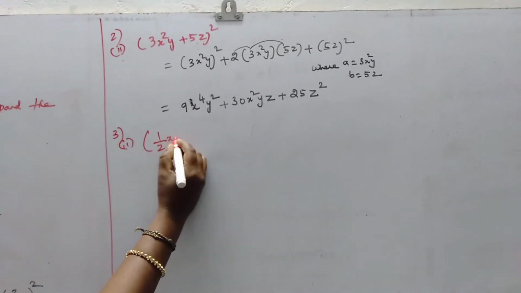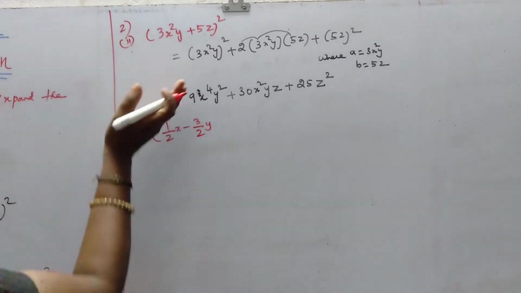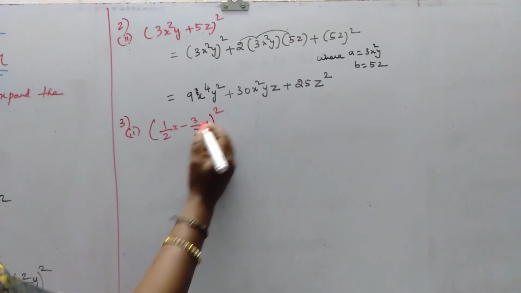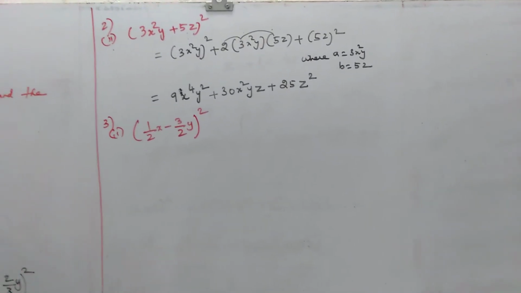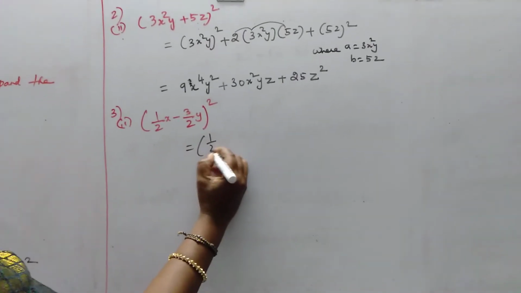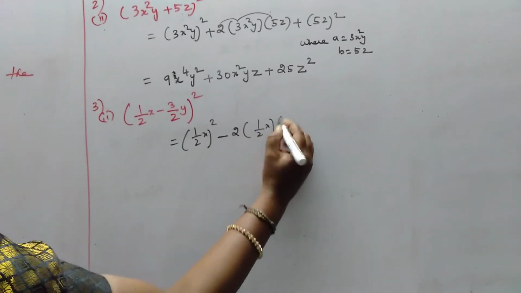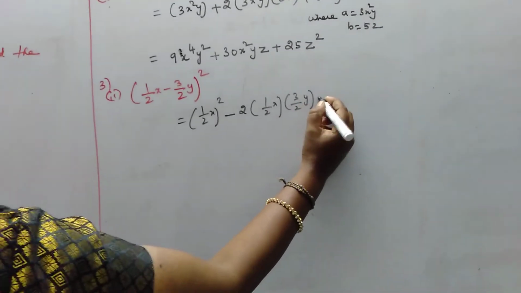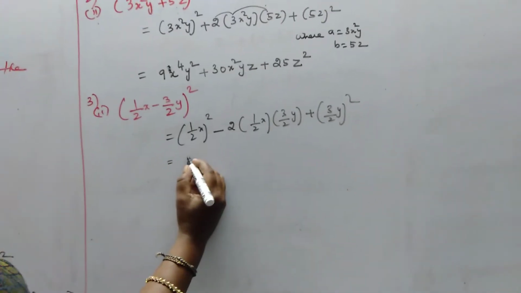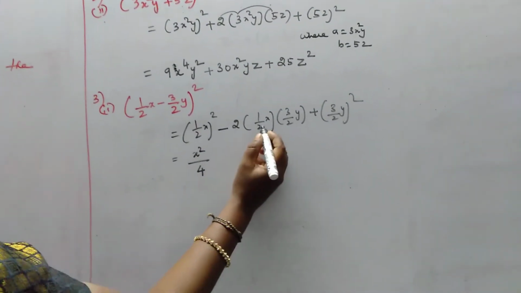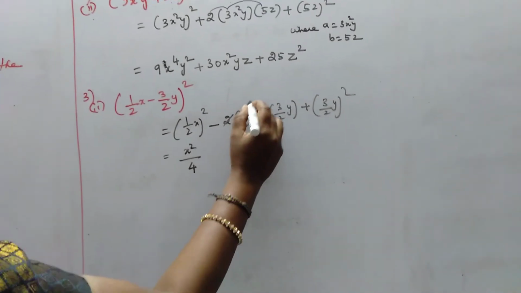The next one, question number 3, second subdivision, which is in fraction form: (1 by 2x minus 3 by 2y) the whole square. The x and y are in the numerator only. That is (a minus b) the whole square, which equals a square minus 2ab plus b square. So we write x square by 4, here 2 will get cancelled, and for the number alone we first multiply 3 into 1, which is 3.